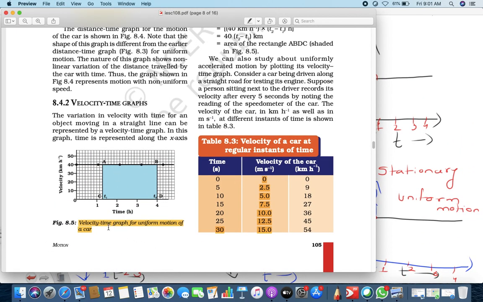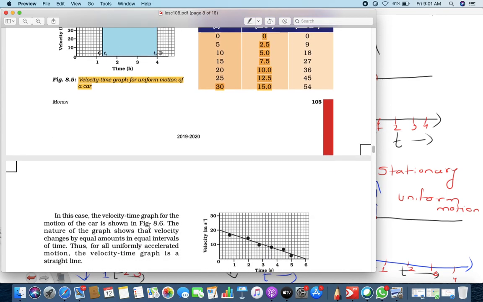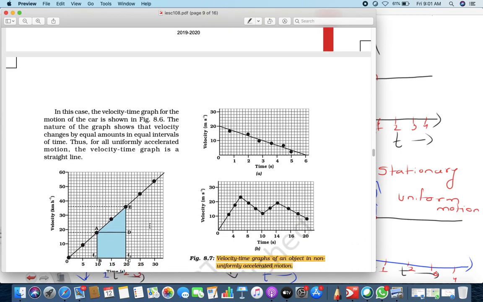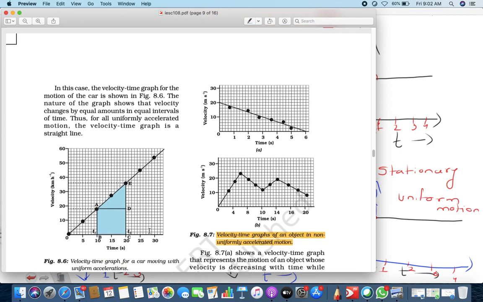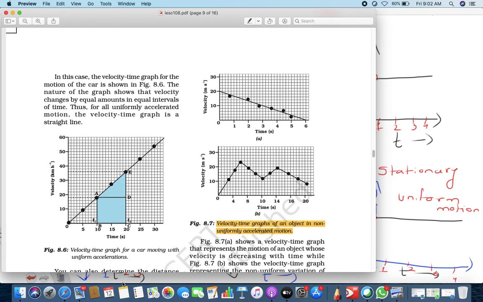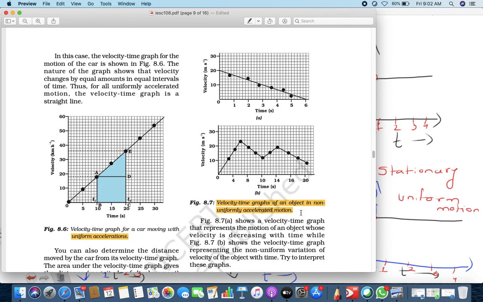They have already written the velocity time graph for uniform motion of a car. Second, see this one, the one which I showed, that is uniform acceleration. Can you see? Uniform acceleration. The upper one which I showed you just now is the retarded motion, A, and the B is non-uniform accelerated motion.